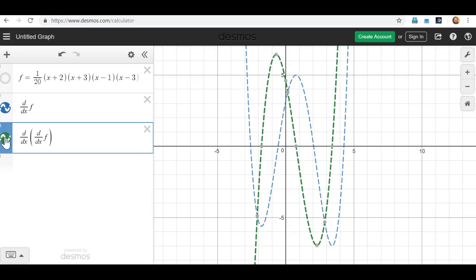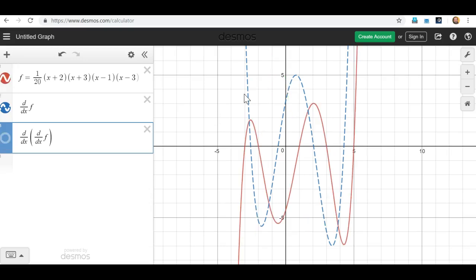Let's take a look at that. So where the first derivative is increasing, so from here to here, the main function is concave up. When the first derivative is decreasing, like here to here, right, the main function should be concave down till there.